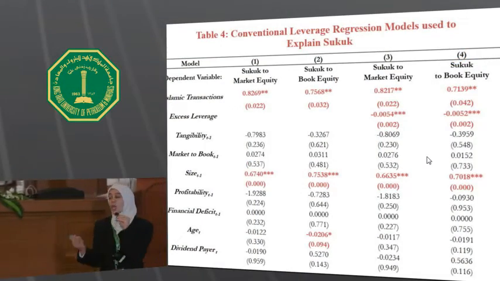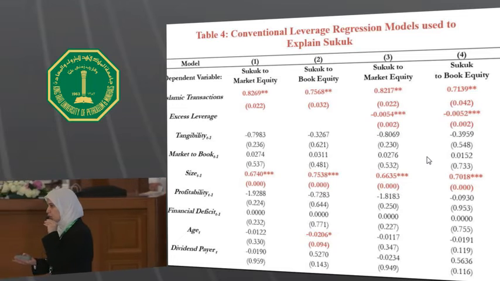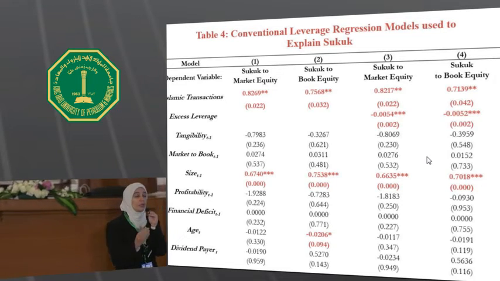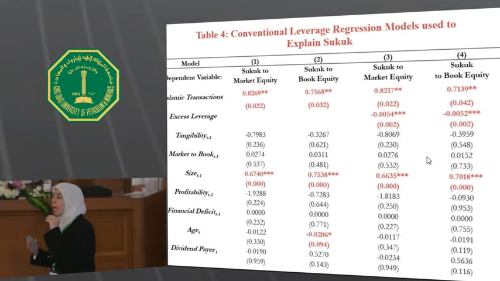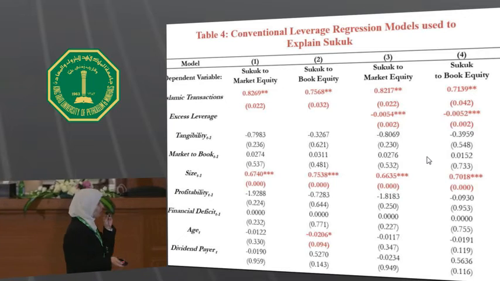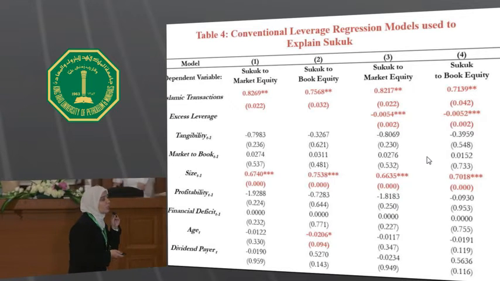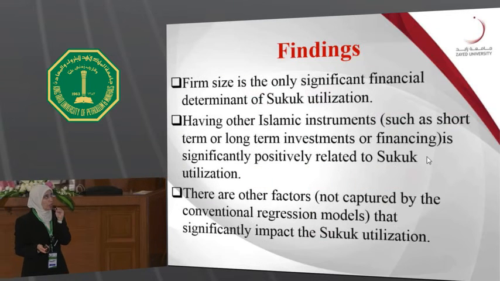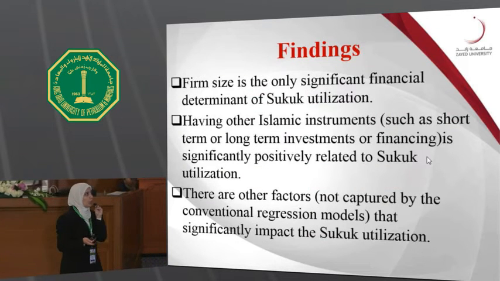And in fact, I find a highly significant negative coefficient on excess leverage, which means that if a firm takes on more leverage than predicted by the financial variables, it will take on less sukuk. So what does that mean? As we have seen from this table, firm size is the only significant financial determinant of sukuk utilization.